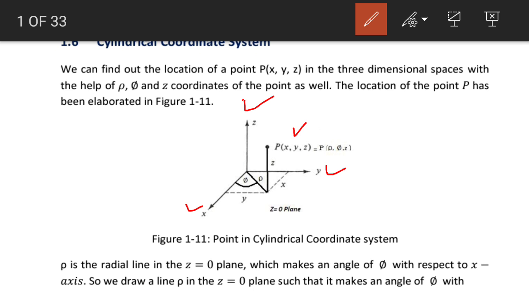We can draw this point in the rectangular coordinate system if the x, y and z coordinates of the point are known.